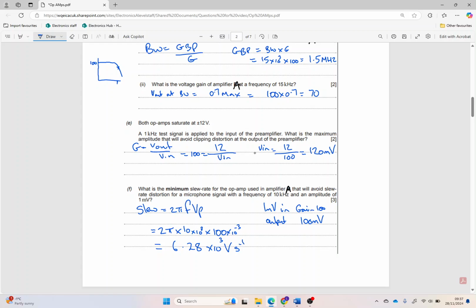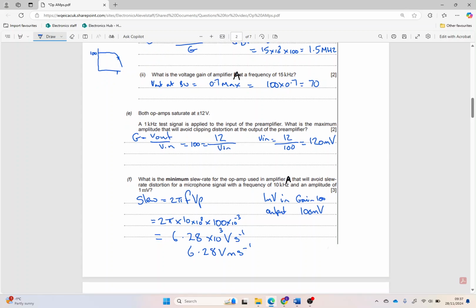That's a bit of a nonsense number, so we can turn that into terms of volts rather than kilovolts if you want to. So that would be 6.28 volts. As we've come down by 1,000, we can change the units by 1,000, so that would be per millisecond.